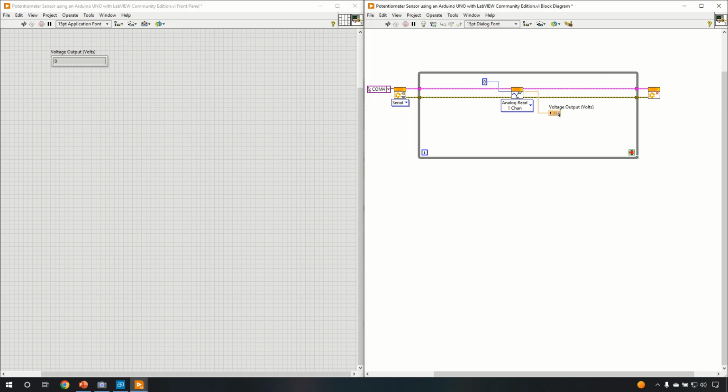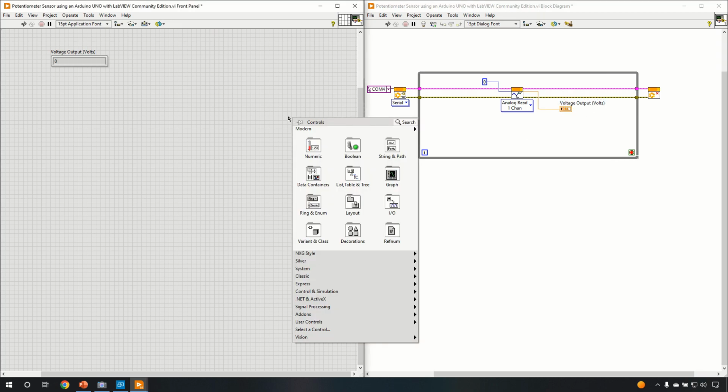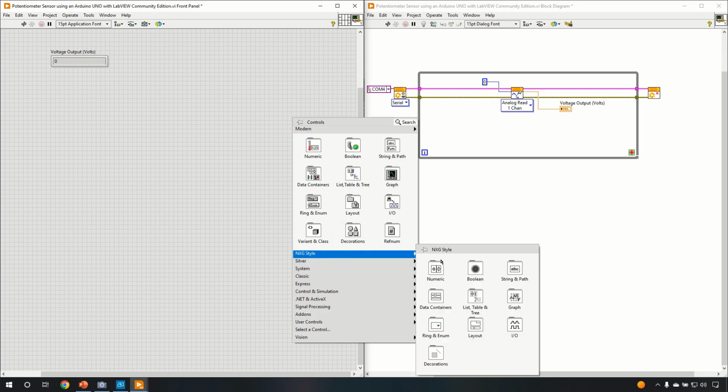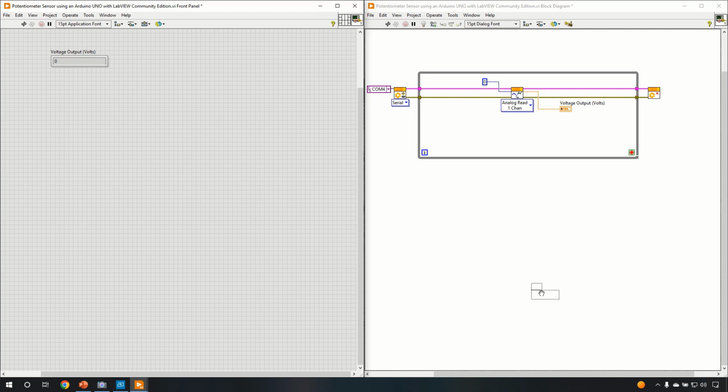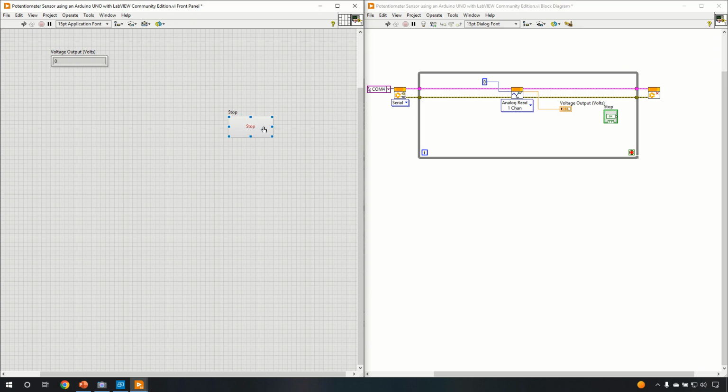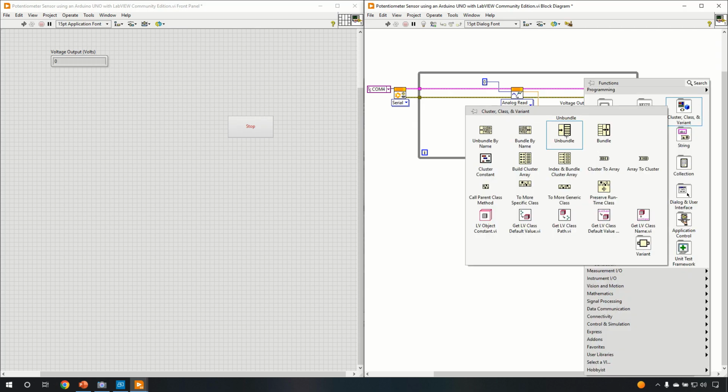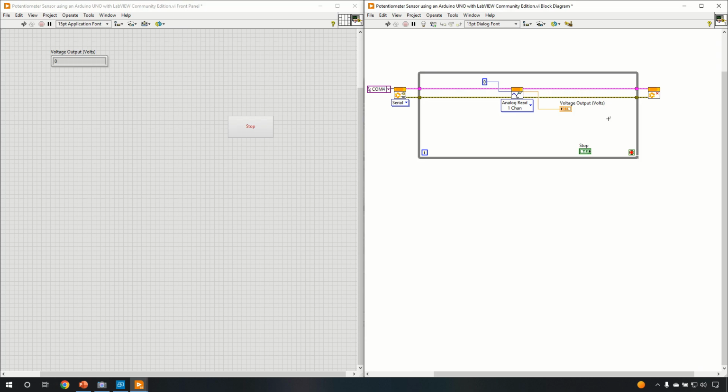Now what we need to add right here, in case we have any problem, we need to stop our code and we need to have a stop button as well. So we can hide its label right here. Cluster, unbundle.